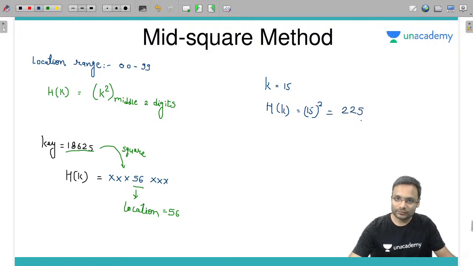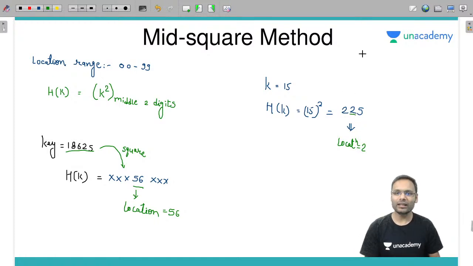What is the middle? Middle is 2, a single digit. So if you get only a single digit in the middle, that is your location. Got it? I told you already.